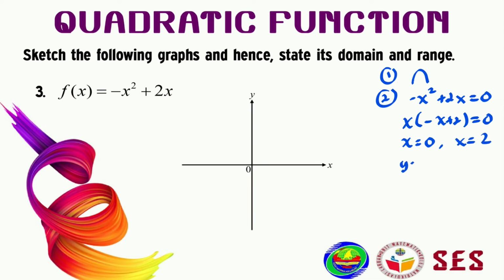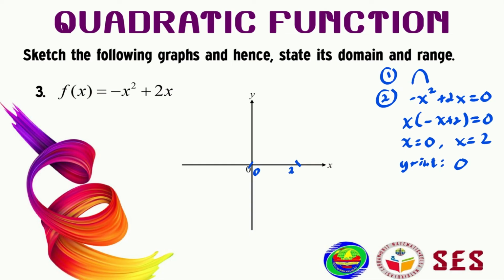And the y-intercept for this case is just 0, since we don't have any particular c value from the question. So this one is 0, it's being labeled already actually, and this one is 2, right?